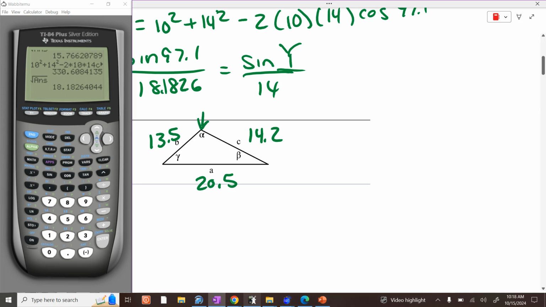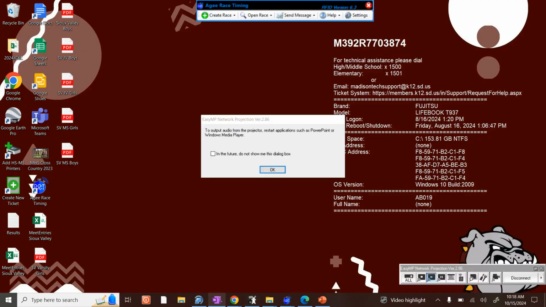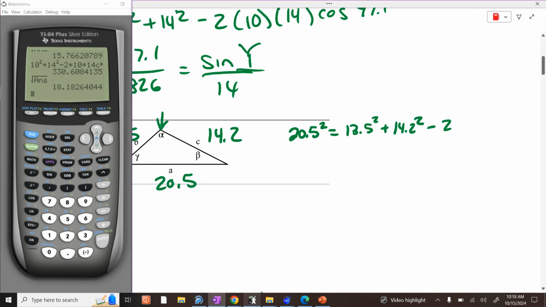Finding A first, alpha. So we write down, well, it's A squared equals B squared plus C squared minus 2BC cosine of alpha.